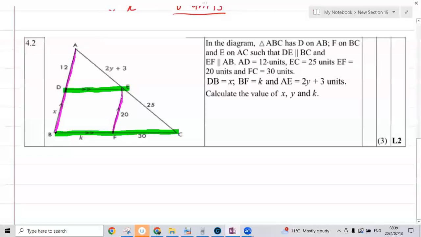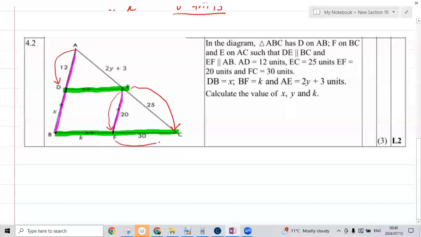AD is 12 units. Then they're telling us that EC is 25 units. Then EF is 20 units. And they're telling us FC is 30 units.